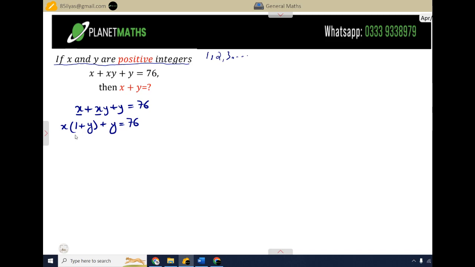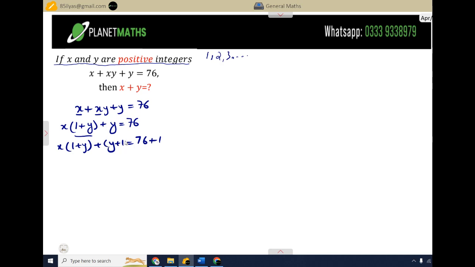In order to take 1 plus y as common from these two terms, add plus 1 over here and also on the right hand side.